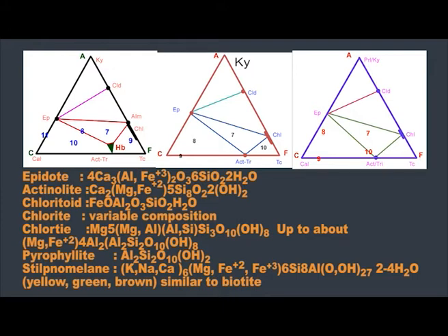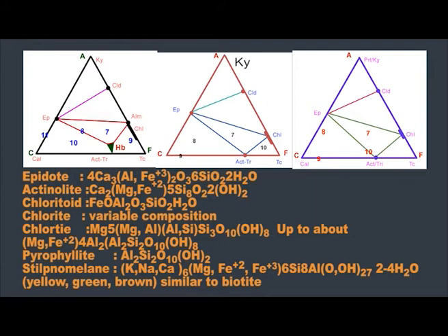Chloritoid: FeO Al2O3 SiO2 H2O. Chlorite, variable composition: from Mg5 (Mg Al) (Si3 Al) O10 (OH)8 up to about (Mg,Fe)4 Al2 (Al2 Si2) O10 (OH)8.